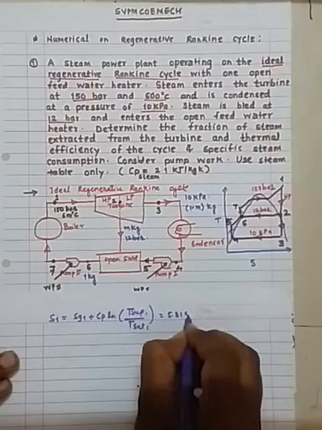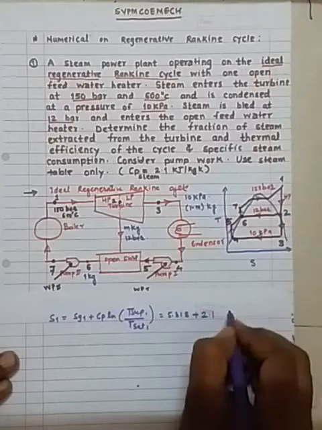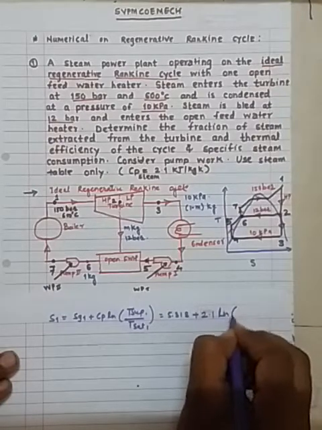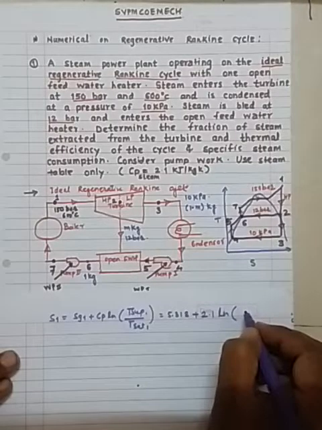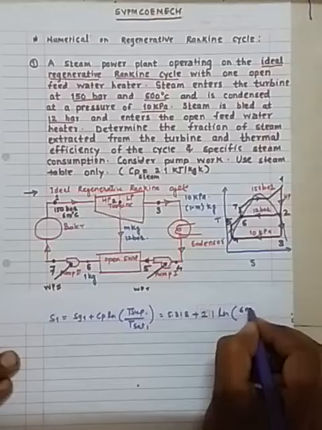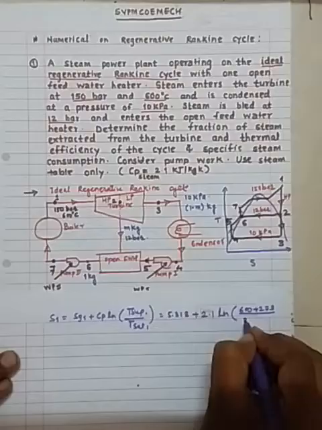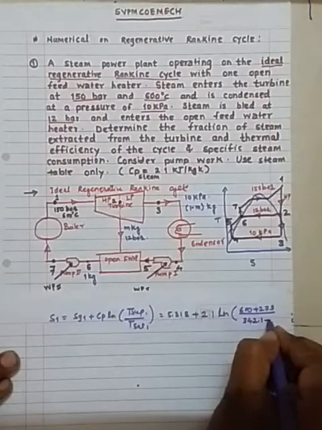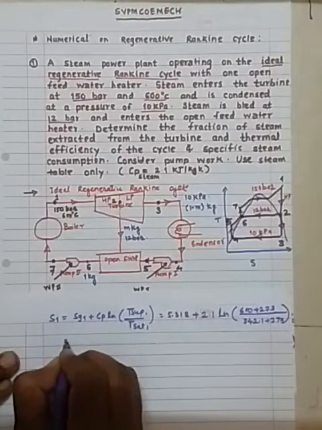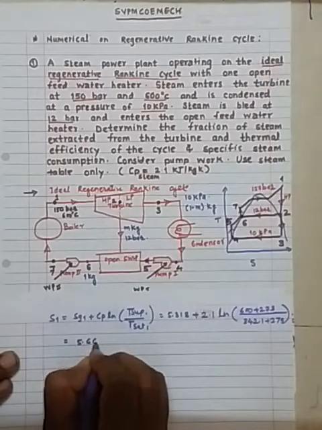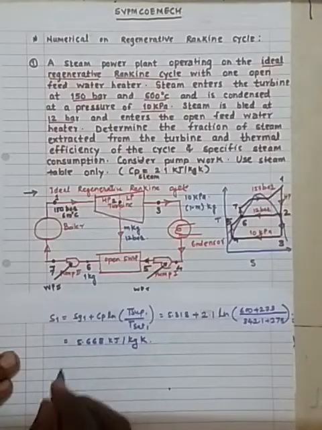From the steam table we have the value 5.318 plus 2.1 into ln of (600 plus 273) divided by (342.1 plus 273). So I will have the value, it is 5.668 kilojoule per kg Kelvin.